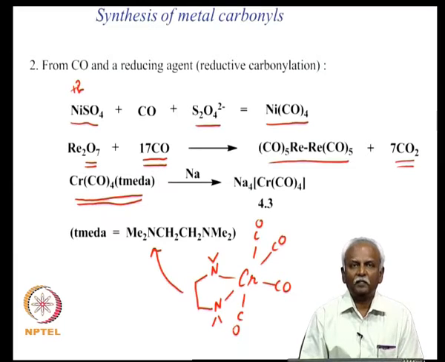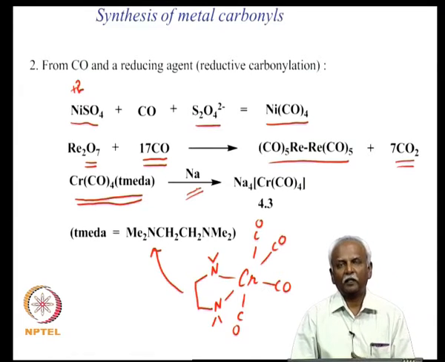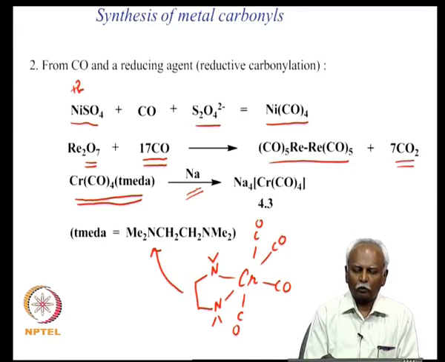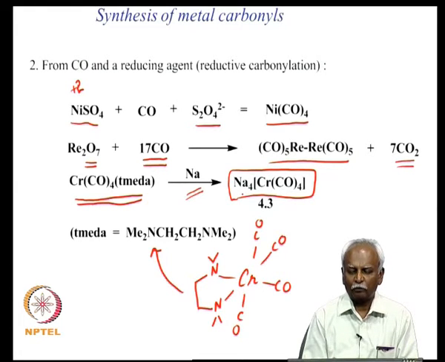Now, if you treat this metal complex with sodium, as I told you earlier, sodium can pump in electrons, especially if it is used as an amalgam. Sodium and mercury turns out to be a very good reducing agent, and it can generate a chromium 2 minus complex here.